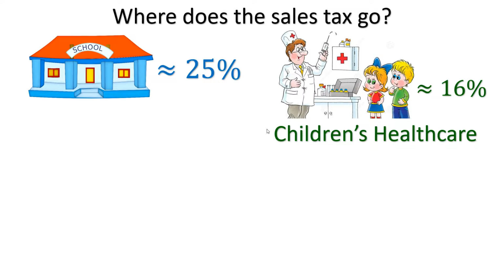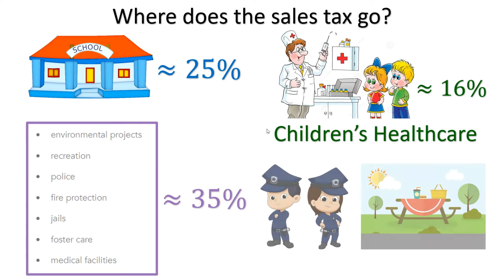This is to help children that might not have insurance from their parents so that they are getting medical coverage. And then 35% goes to a number of different things. Some of these are environmental projects like parks and recreation, the police department, fire department, jails, foster care, and medical facilities. So the taxes are going towards important things. As long as our government is using the money wisely, then it's important for us to have sales tax.